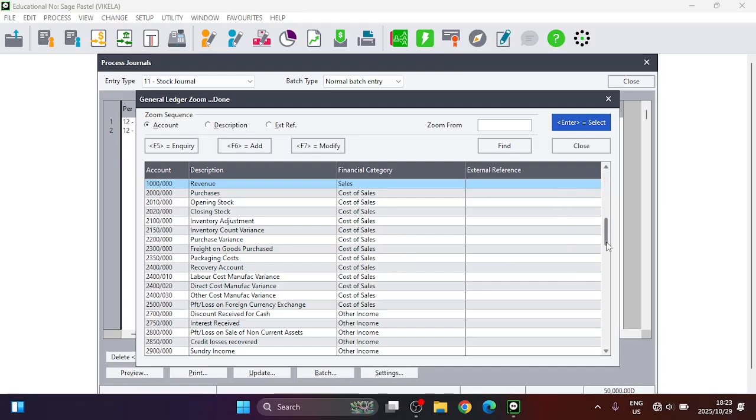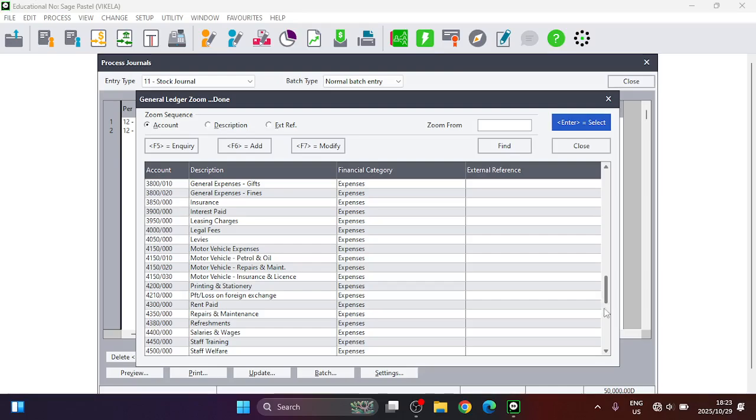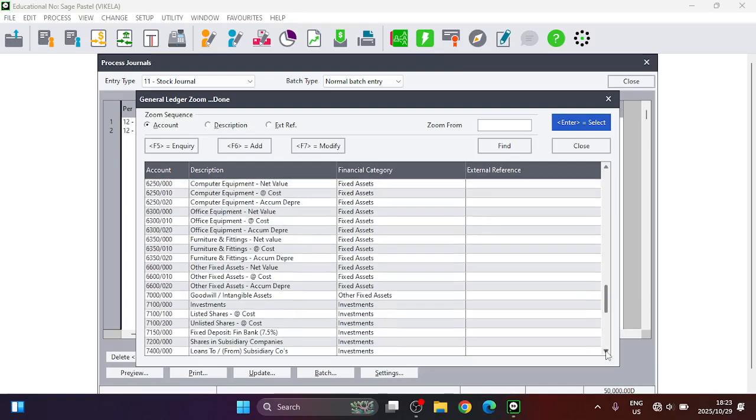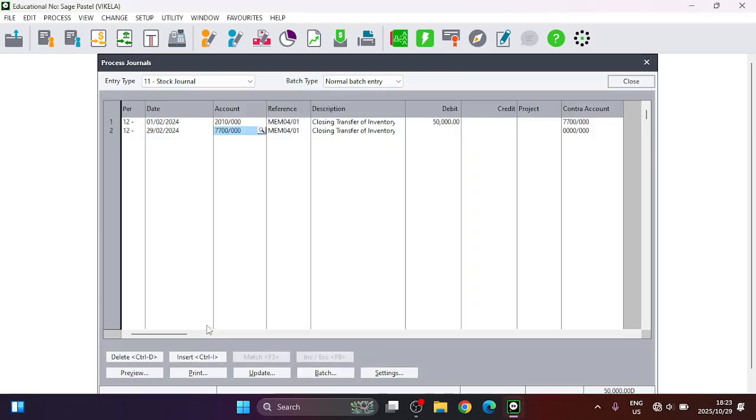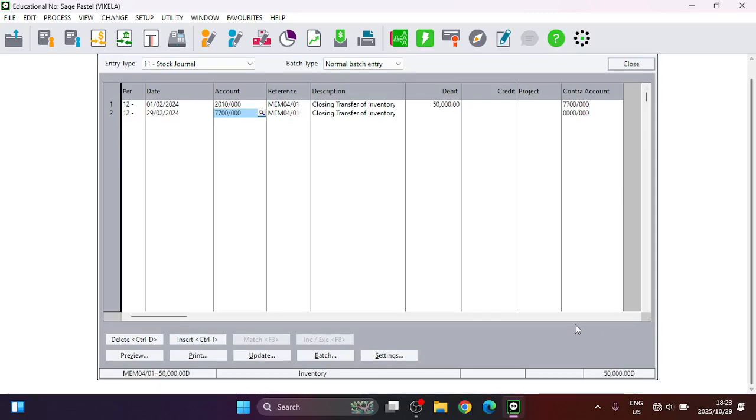You're going to debit it because now you have calculated the value of inventory. So you're going to debit inventory, which will then mean that this entry now will appear in the statement of financial position.